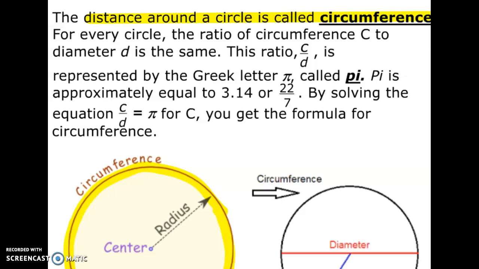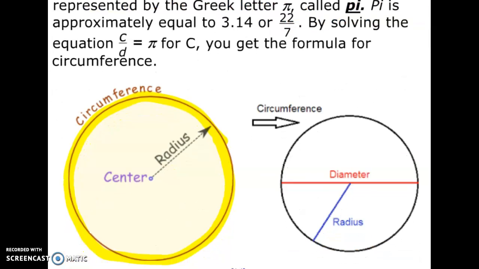For every circle, the ratio of the circumference, or the distance around, which we're going to use the variable C for, compared to the diameter. I know we haven't talked about circles this year, but in 4th grade you should have. The circumference, once again, is the distance all the way around. The diameter is the distance all the way across the circle going through the center.